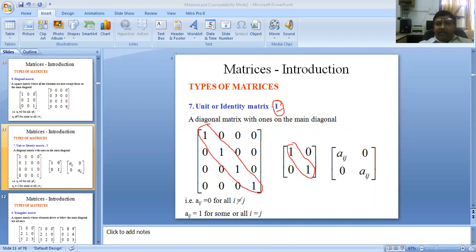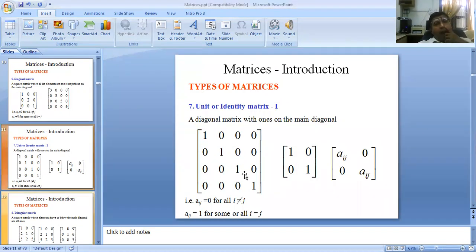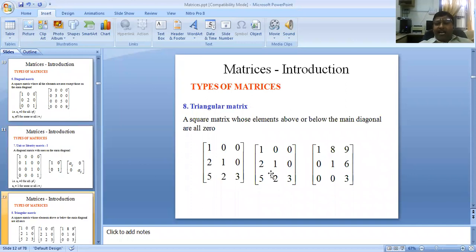In the same way, the next type of matrix is the triangular matrix. In a triangular matrix, all the elements above the principal diagonal or below the principal diagonal are 0. A matrix in which all the elements above the principal diagonal, as you can see here, are 0, or all the elements below the principal diagonal are 0, is called a triangular matrix.